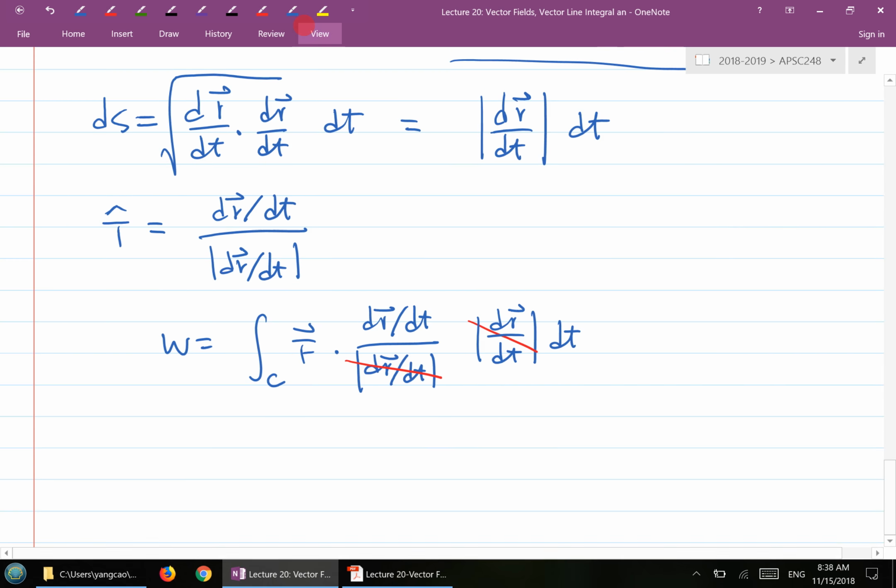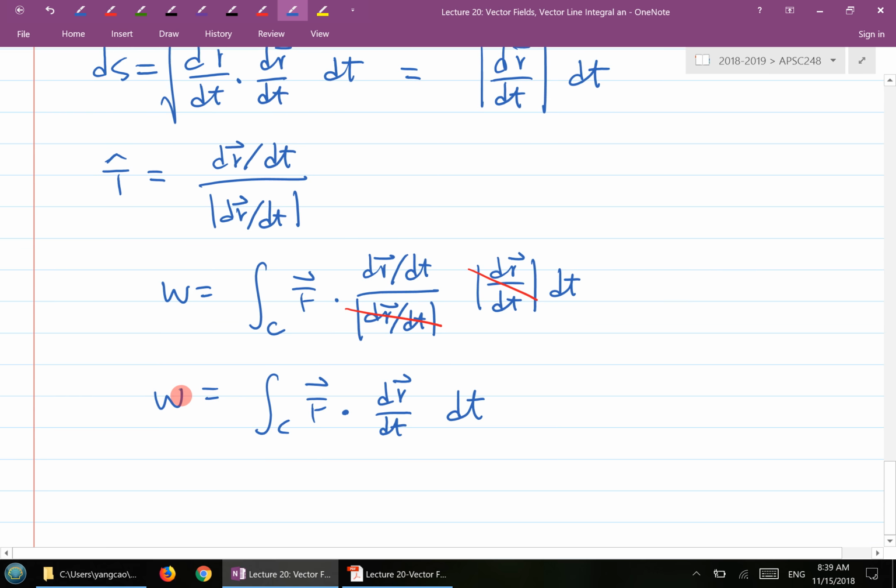So we end up with the integral over C of F dot dr over dt times dt.